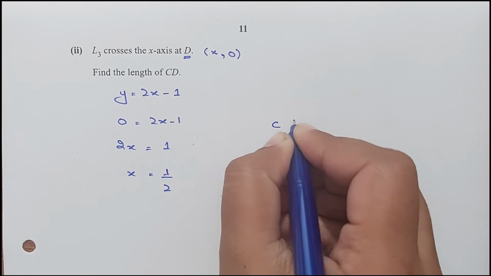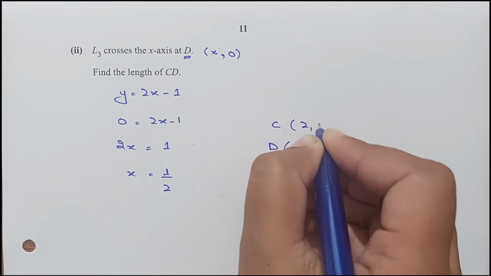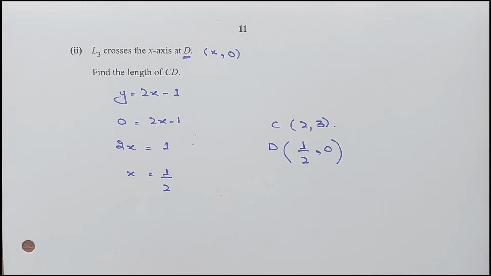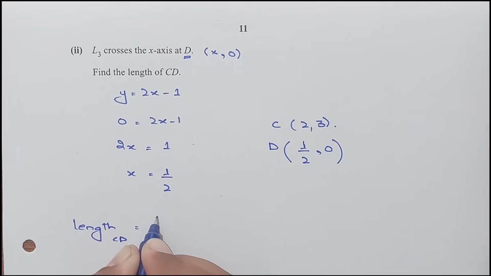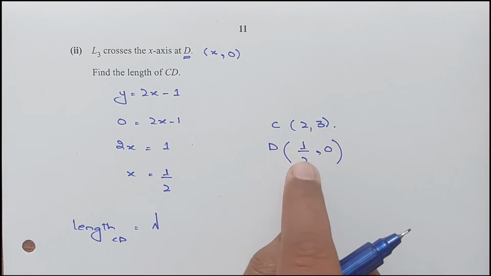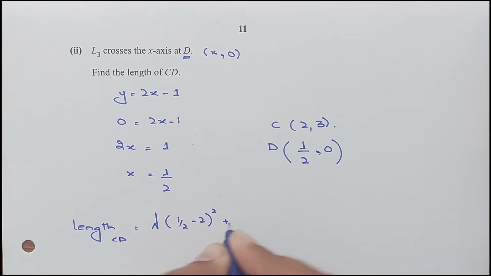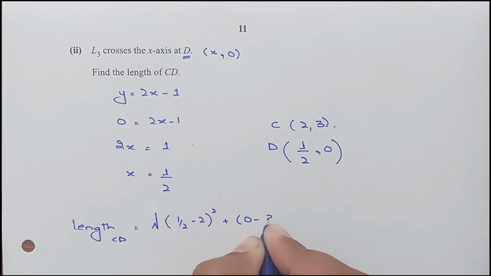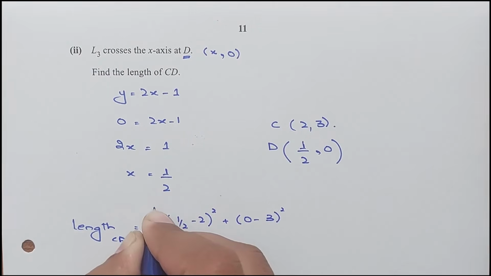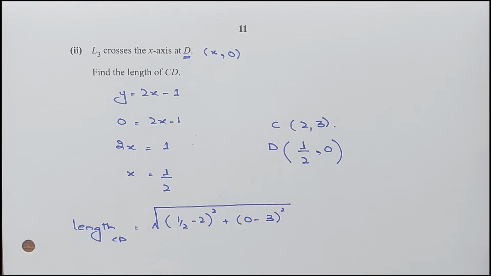And the point C we have been given is (2, 3). Now let me solve for the length of CD. The length of CD is the square root of (x2 - x1) squared, (1/2 - 2) squared, plus (y2 - y1) squared.